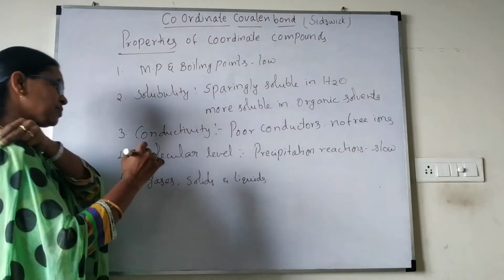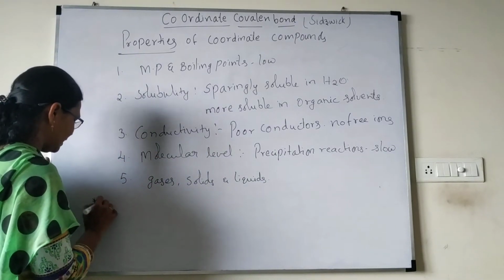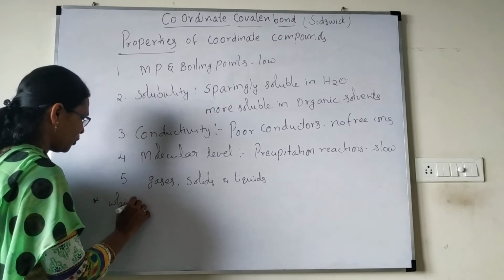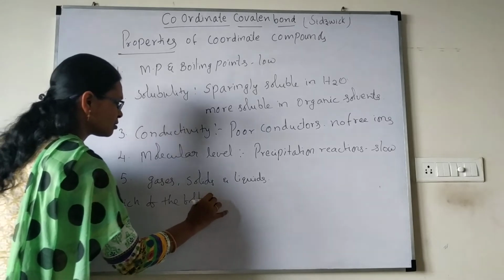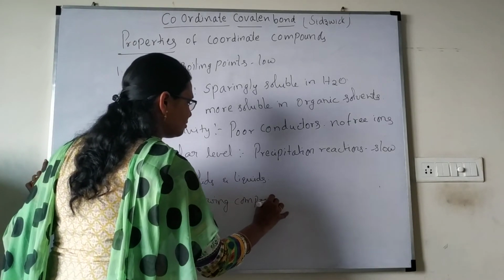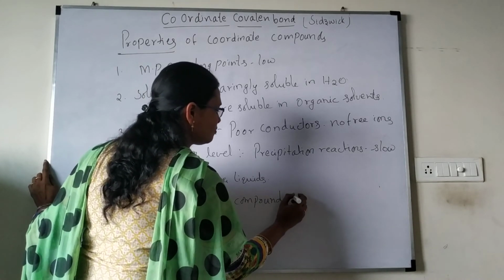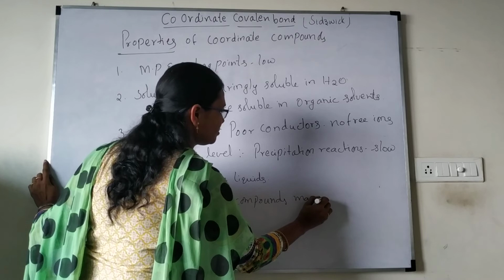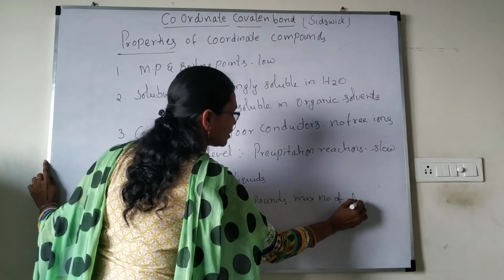For example, if at a competitive level they ask which of the following compounds has the maximum number of dative bonds, they have given one question like this.